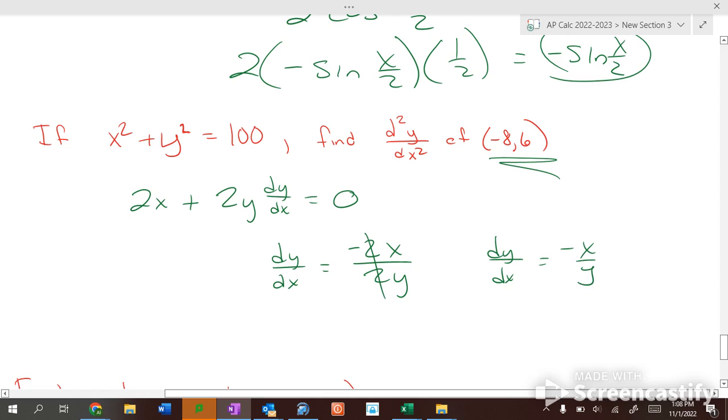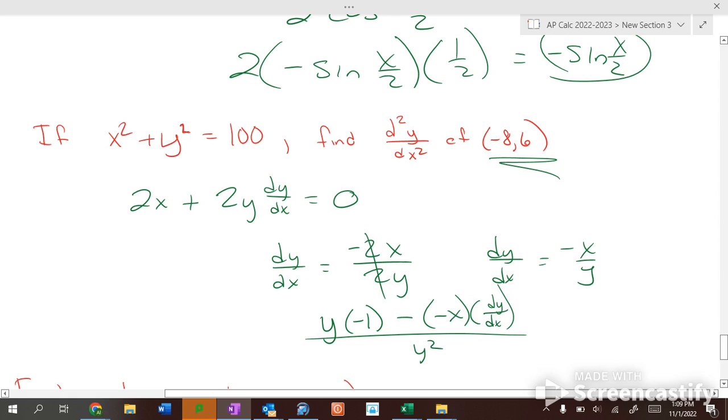Okay? Second derivative would be the quotient rule of that. Y times negative 1 minus negative x times dy dx over y squared.